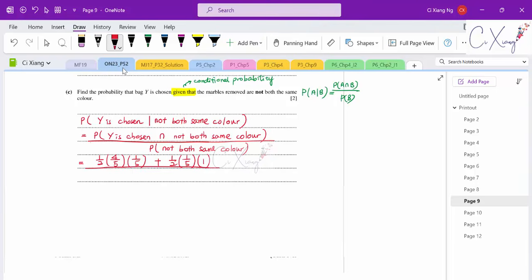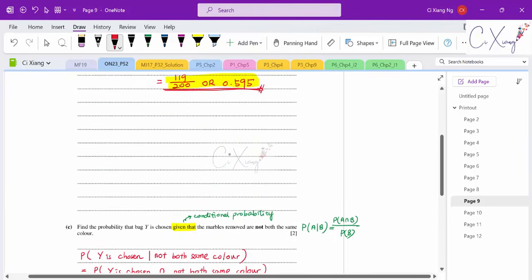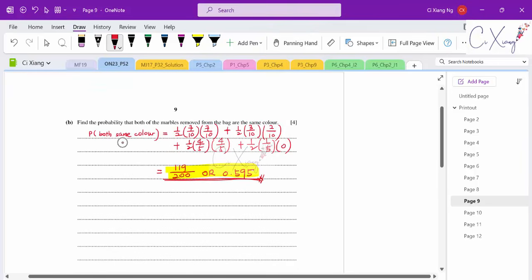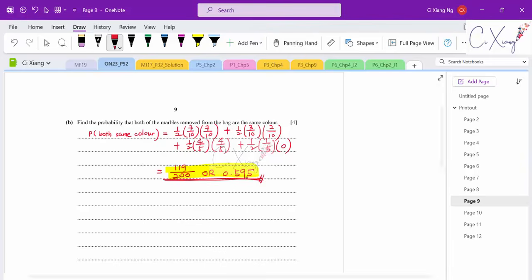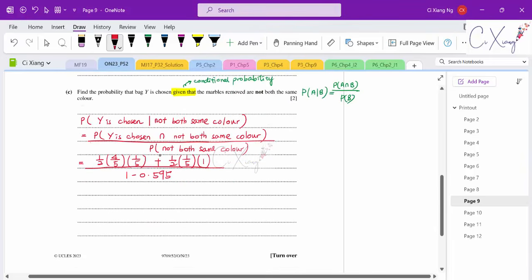And we divide it by 1 minus 0.595. So what is it? 1 minus 0.595. For not both the same color, right? It is actually the complement event of both same color. So since just now you already calculated the probability of both same color, which is 0.595, therefore, if I want to calculate not both the same color, it should take 1 minus 0.595.